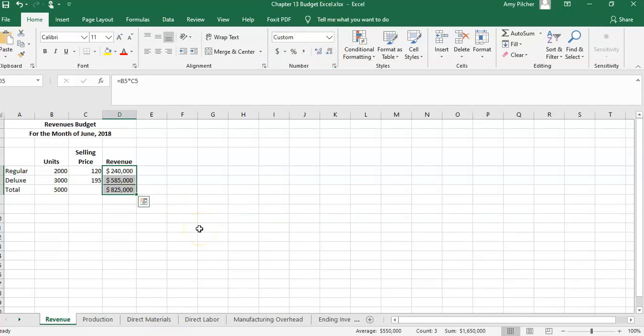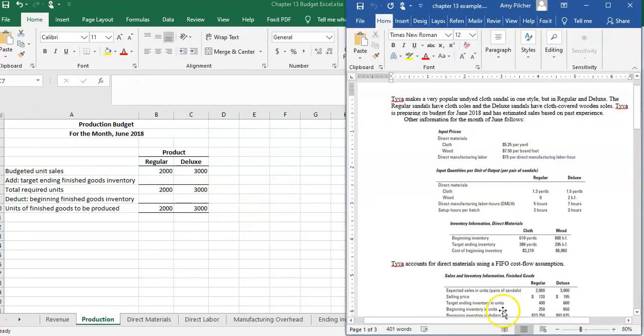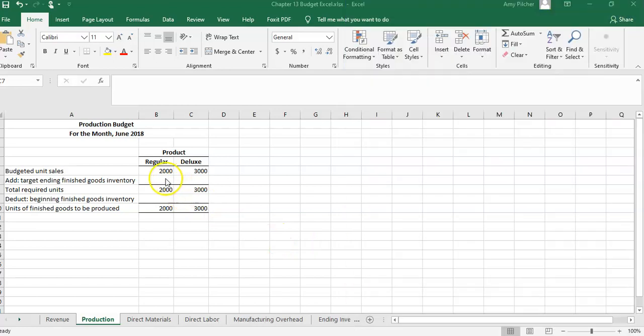We take our number of units and we move to the production budget. What we want to see at the production budget is our targeted ending inventory for units. So we have a targeted ending inventory in units of 400 for the regular and 600 for the deluxe.